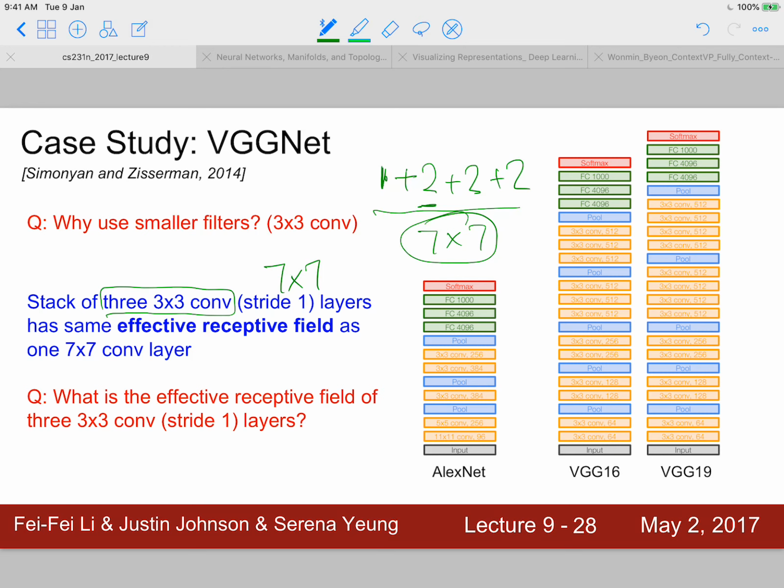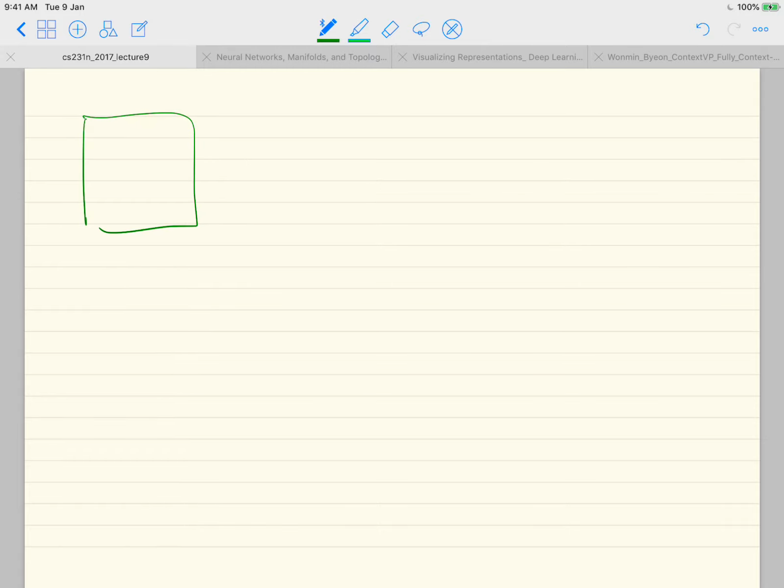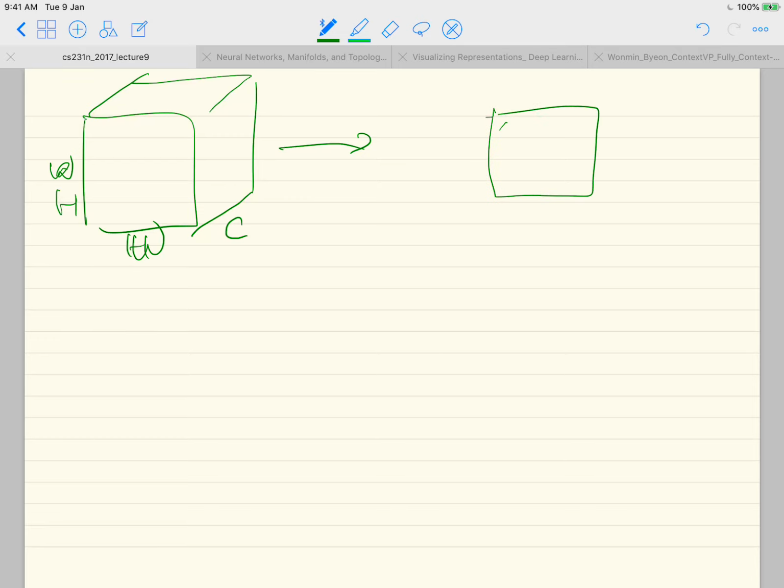Now in this particular case, we are considering a situation where we have width and height, and some channel number C. I mean the number of channels in an input activation map is C. And let's suppose we want to have another activation map that still has the same channel size C. So let's compute the number of parameters when applying the single layer convolution that has a receptive field size of 7 by 7.